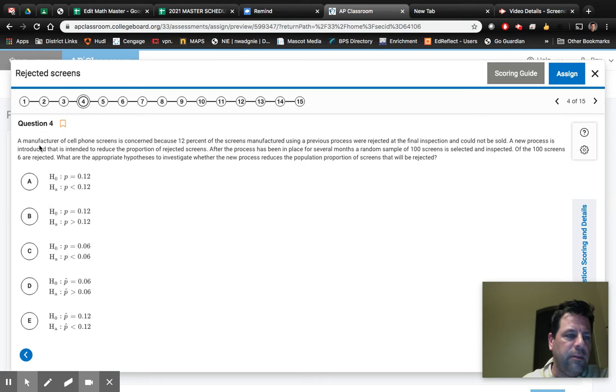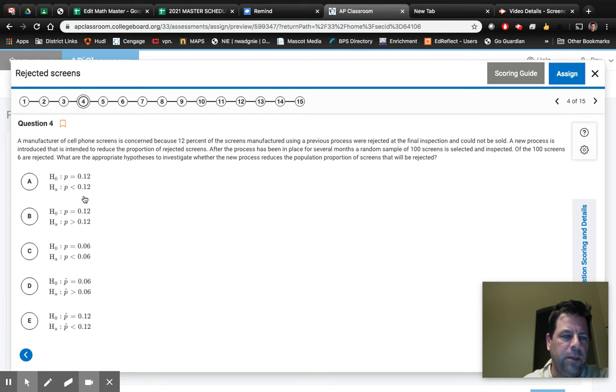Rejected screens. A manufacturer of cell phones is concerned because 12% of the screens produced were rejected. Oh, so this one's wrong and this one's wrong. So we're up to here, but here's 12%, 6%. A new process is introduced to see screens after the process several weeks. 100 of the 106 are rejected? That's my sample. 6% is my sample.